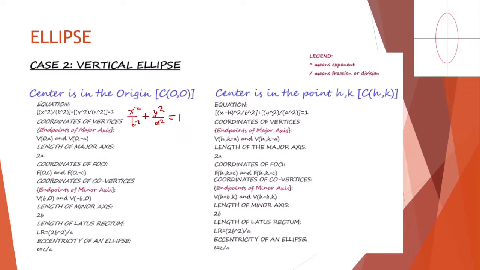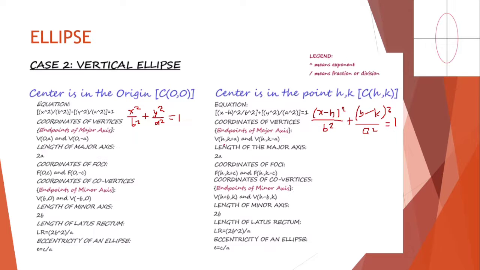Now, the equation of this: next, we have x minus h squared. That won't change, the denominator. The b is the one in front. Later we will determine how to tell, in given problems, whether it is vertical or horizontal. Plus, we have y minus k squared all over a squared is equal to 1.